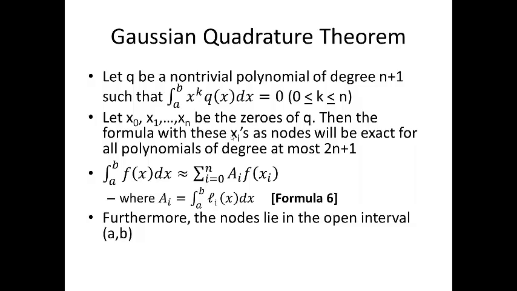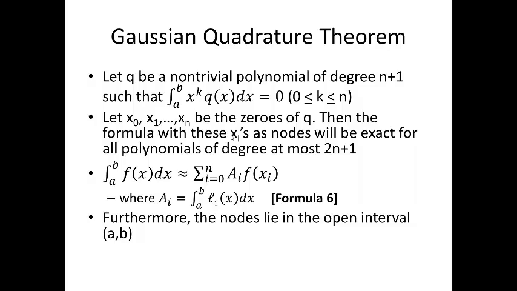And the integral from a to b of f of x dx can be approximated by the sum of the a sub i coefficients multiplied by f evaluated at the points x sub i. Now the a sub i's are given by the integral from a to b of the Legendre interpolation of x dx, and that's formula 6.